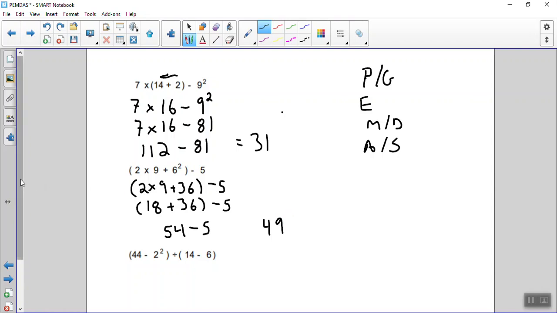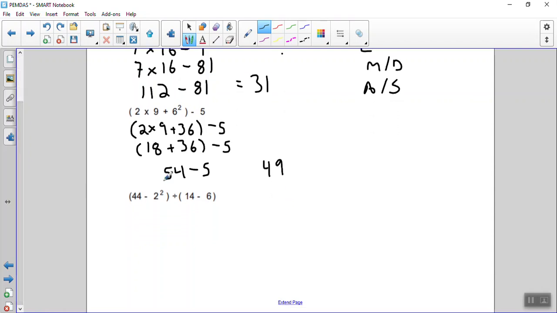Our last example here has 2 parentheses. So we need to take care of this parentheses and then this parentheses. So this one, we have a subtraction and an exponent. Exponent comes first. So we're going to do 45 minus 4, and we have plus 14 minus 6. So I'm going to go this way.